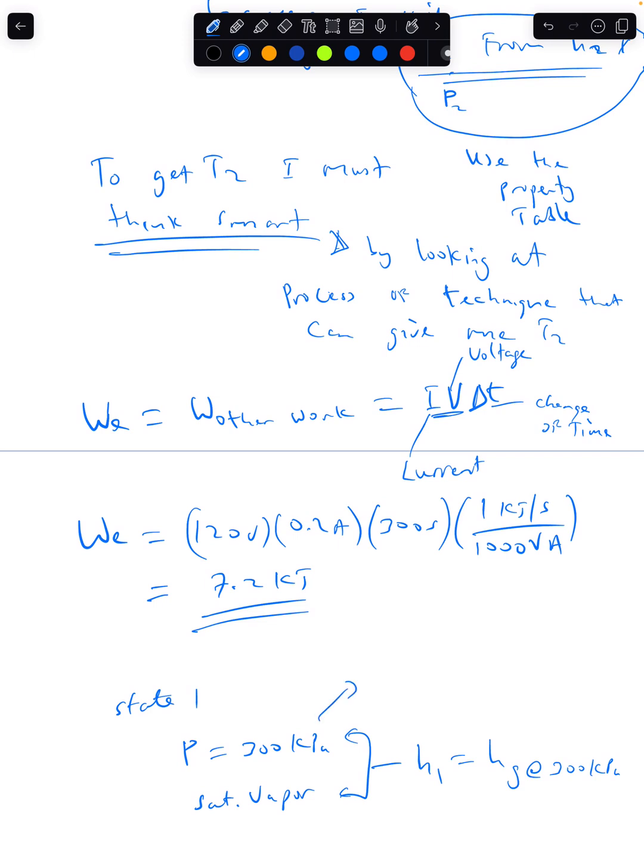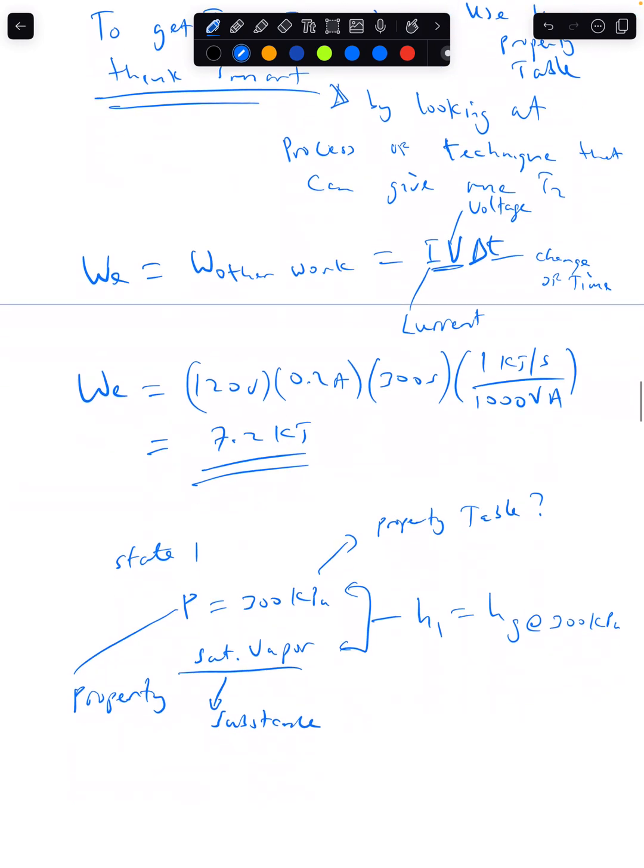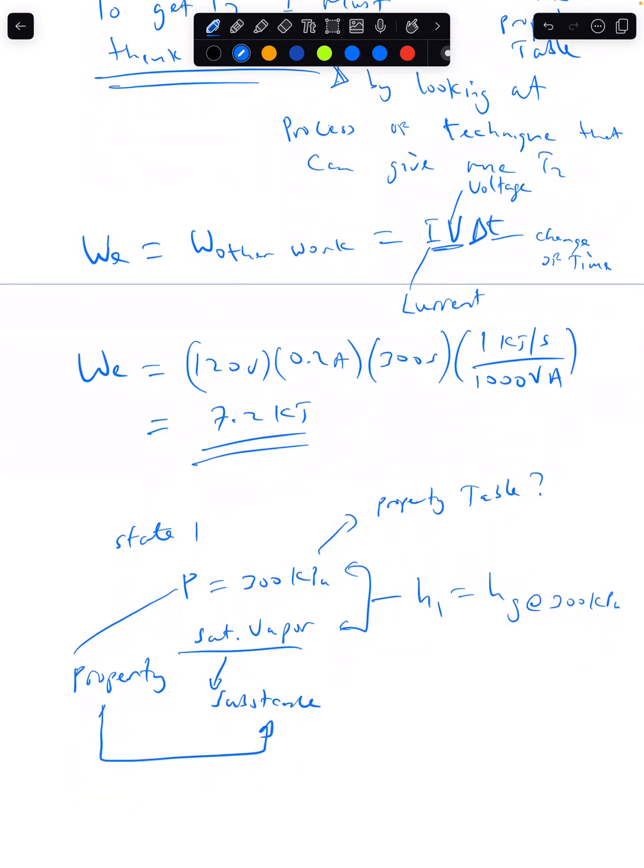And I ask myself, which property table am I going to use? I have the substance, I have the property. When I look at the substance and property, I know that the substance is steam, because water increases in pressure and becomes steam.